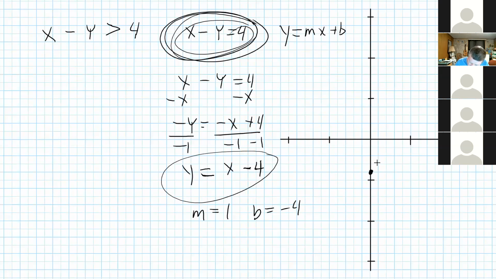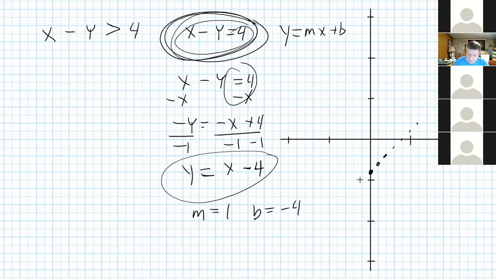The slope is 1, so I would go up 1 and over 1, etc. Now, if I was graphing the equation, I would draw a solid line through those dots.